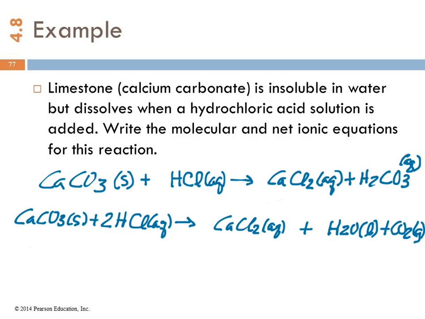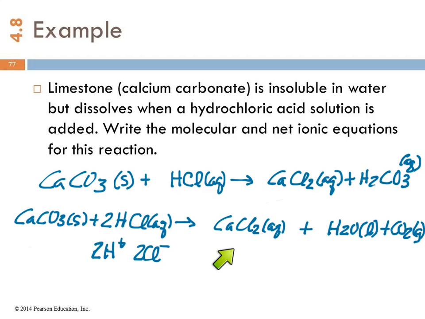Let's just write a very abbreviated complete ionic equation so that we can get to the net ionic equation. The calcium carbonate would not be separated into ions because it's a solid. HCl would be separated because it's a strong acid. So that's 2 H pluses and 2 Cl minuses.